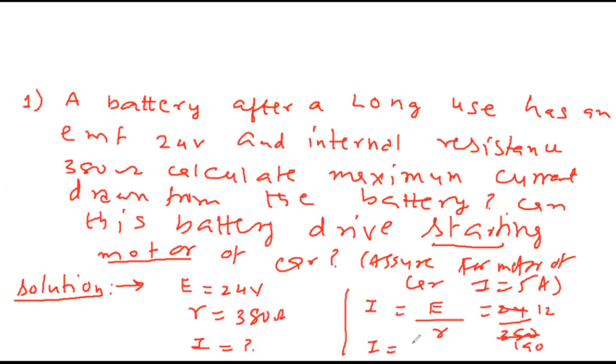So I equals 12 upon 19 into 10 raised to minus 1. This can be written 120. 12 upon 19 into 10 raised to minus 1.